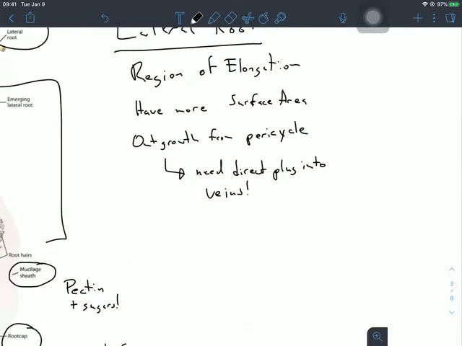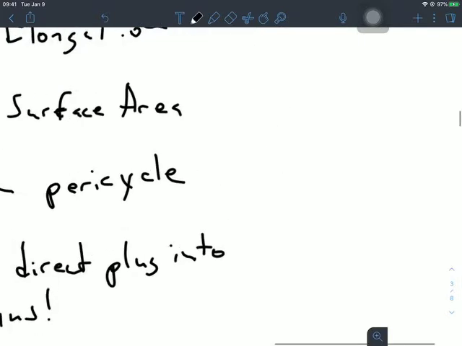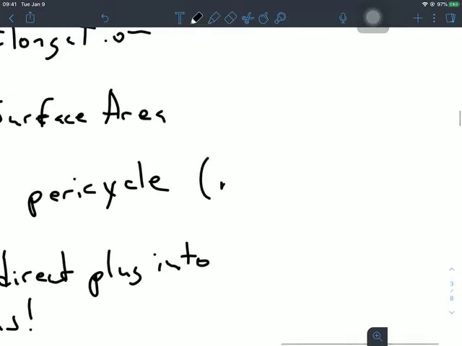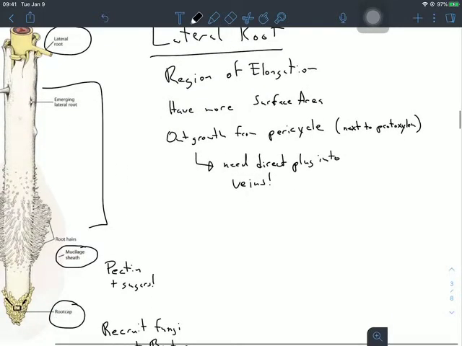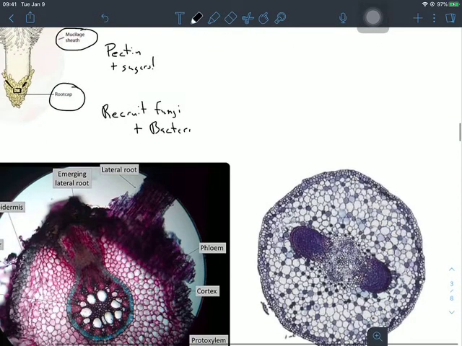Now, the lateral root will initiate from the pericycle, and in particular, the pericycle that is next to protoxylem, those early small xylem tissues, and then it will eat its way through the cortex. It starts to digest down the cortex, which again, why do you want to eat the cortex to grow?